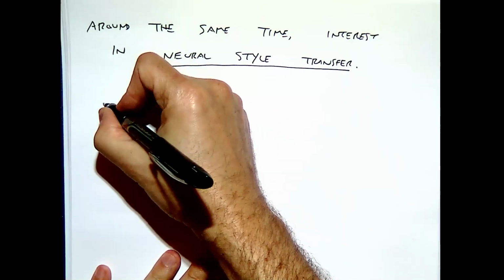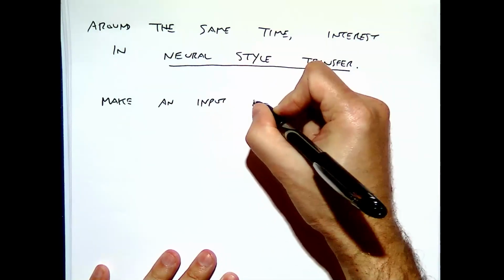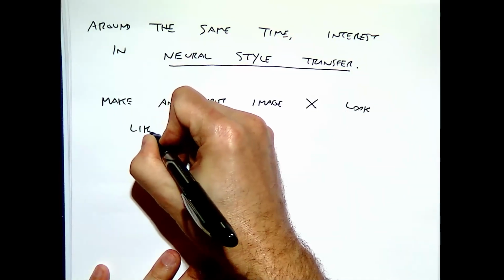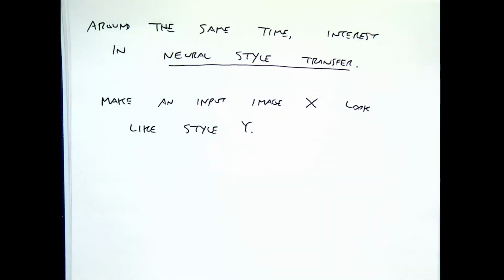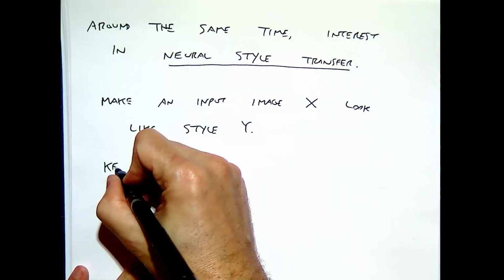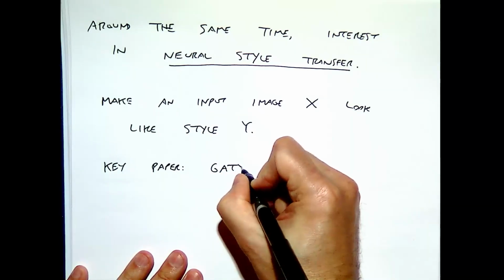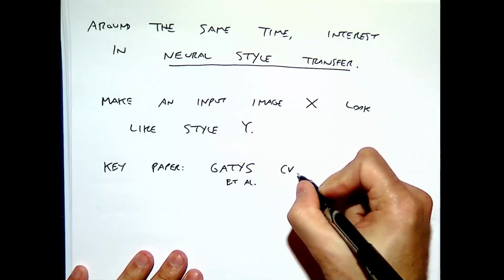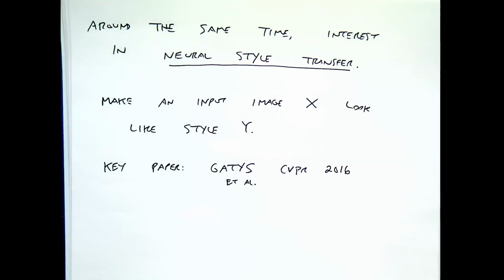So the idea was to make an input image X look like some other style Y. And the key paper in this field that kicked it all off was by Gatys in CVPR 2016. So again, not that long ago, by my standards at least.